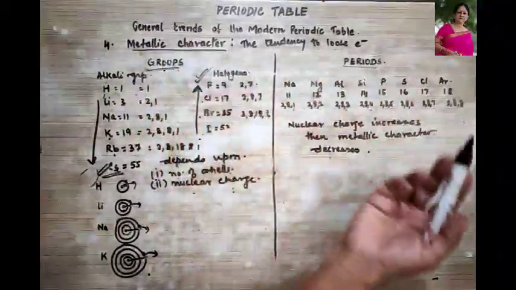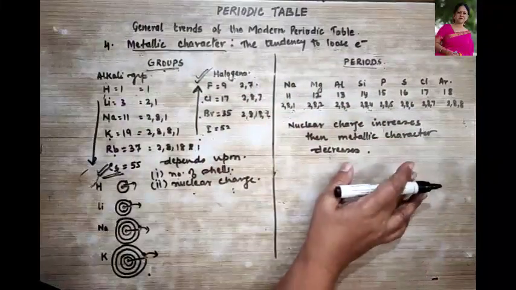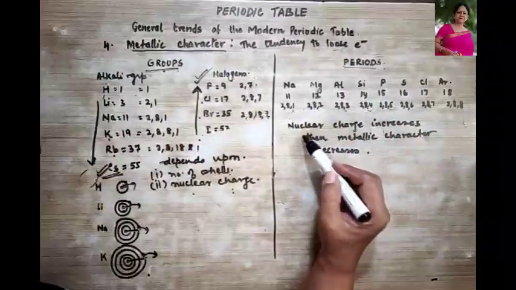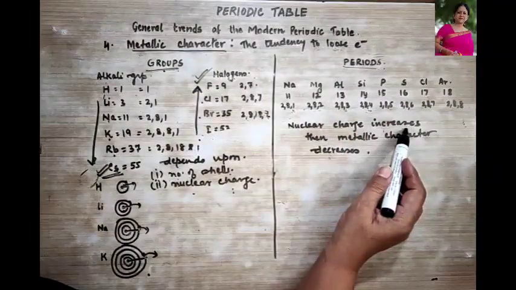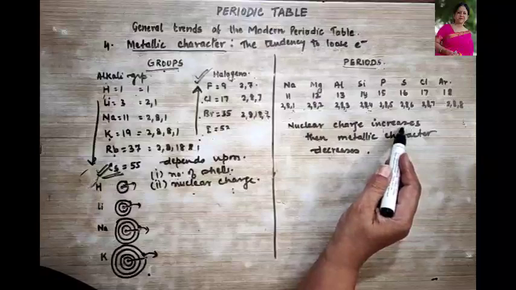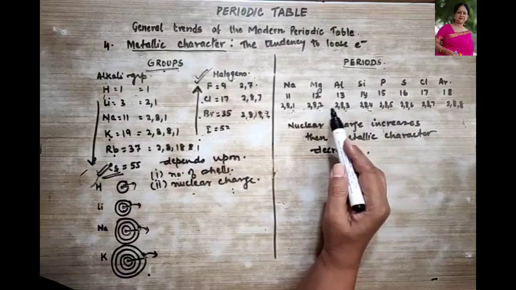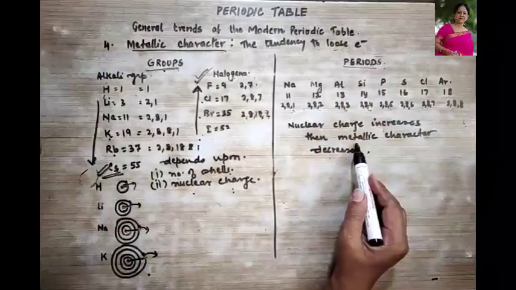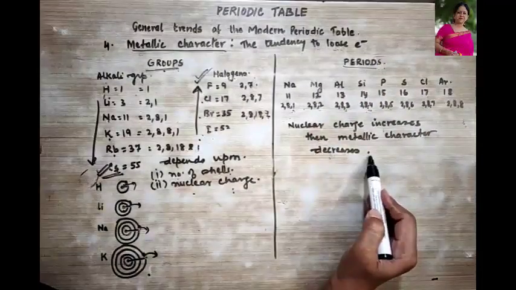Therefore, it is not metallic in nature. Got it? So, what did we study from left to right? Since the nuclear charge increases, atomic size decreases. Therefore, the elements do not lose electrons easily. Hence, the metallic character decreases.